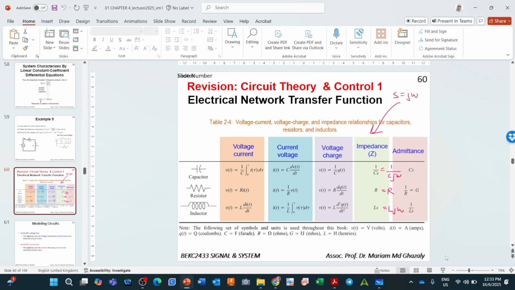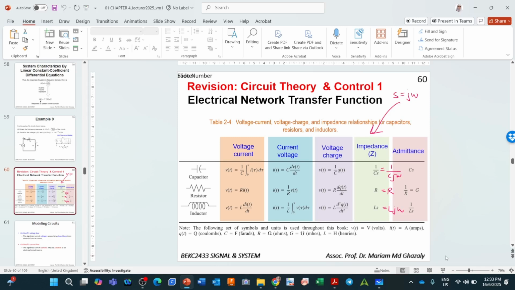The total impedance over this loop will be Z total equal to ZR plus ZC plus ZL. So you have 2 plus 1 over 2 j omega plus 3 j omega. This is how you directly use it.